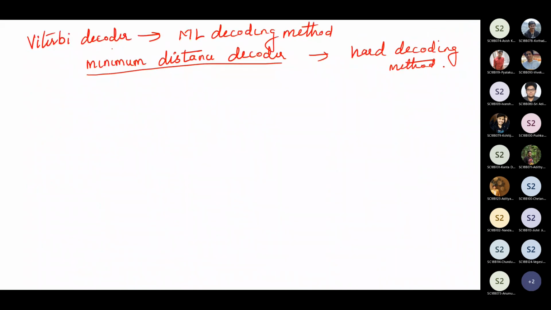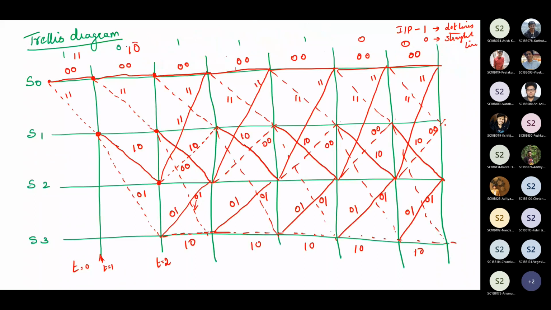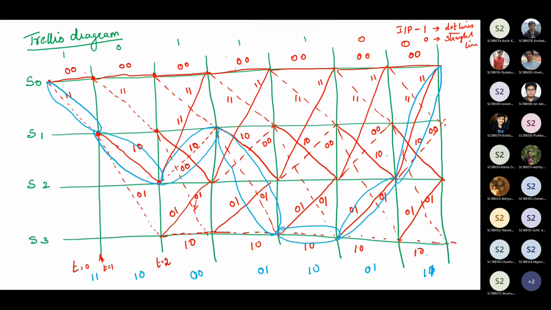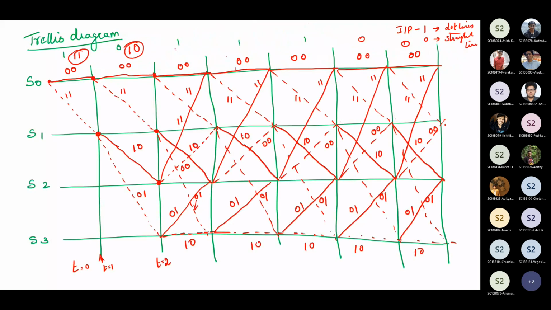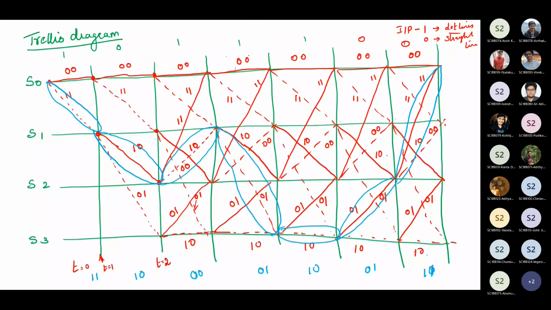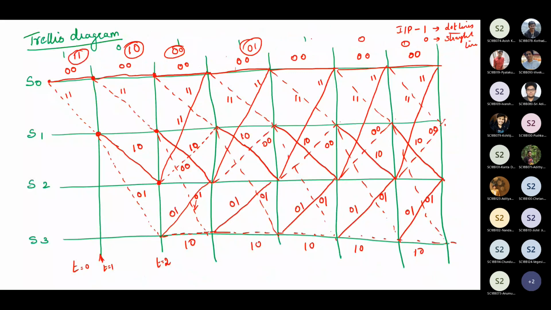Encoder data is 1 1, 1 0, 0 0, 0 1, 0 0, 0 1, 1 0, 0 1, 1 1. Okay, so this is the encoder output which we are transmitting from the channel code.